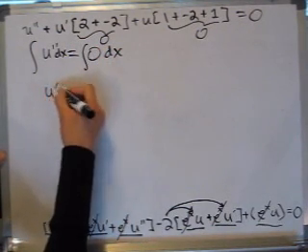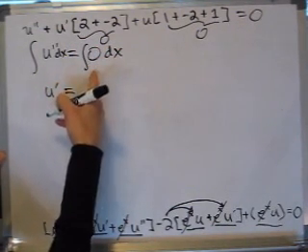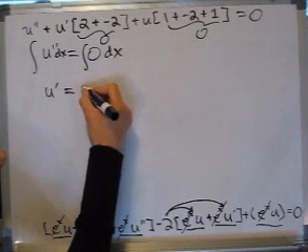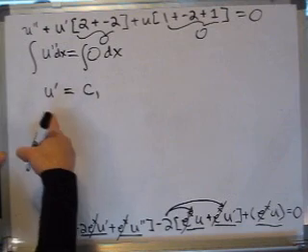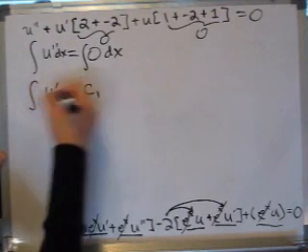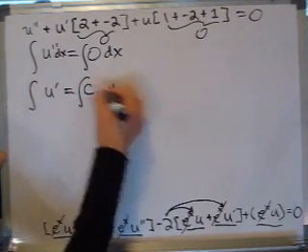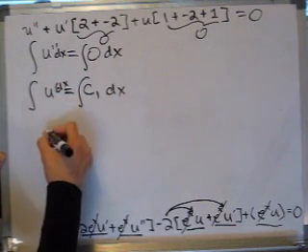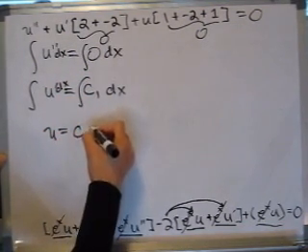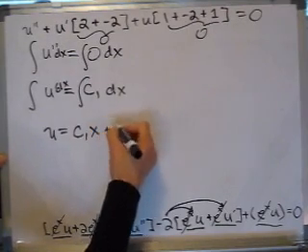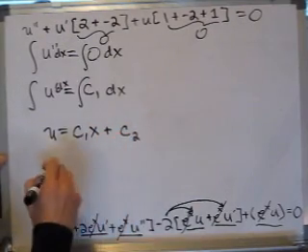So I get u prime equals the integral of 0 dx is just some sort of constant. Let's call it c1. Now I can integrate one more time to find u. And so I get u is equal to c1 times x plus another constant, c2.